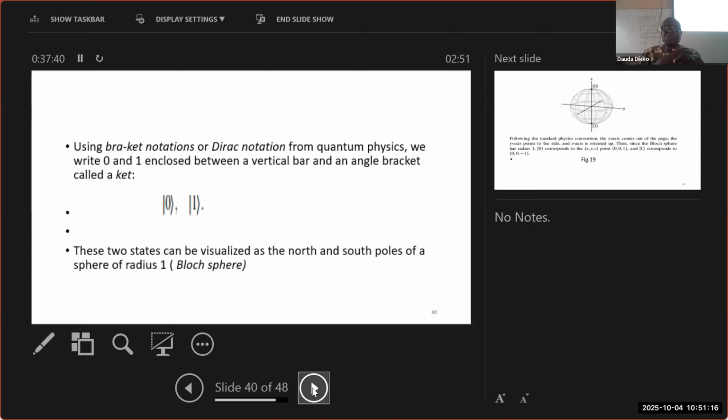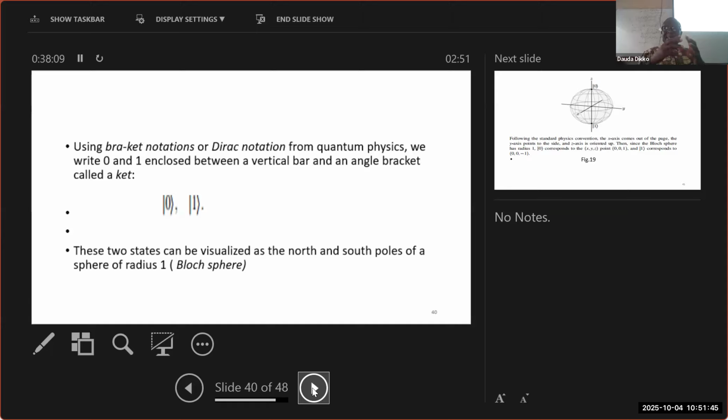So we can also make use of the Dirac notation. In the Dirac notation, we have bra and ket. The ket represents the two possible states in the quantum bit, the qubit. The two states can be visualized as the north and south pole of a sphere of unit radius.